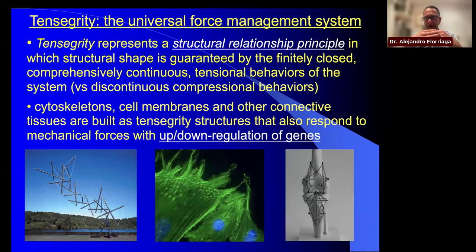Mechanical behavior of the tissues has a functional metabolic correlate. This experiment also explained why, when you put certain cells out of the gravitational field, the response of the cell is downregulation of genes.